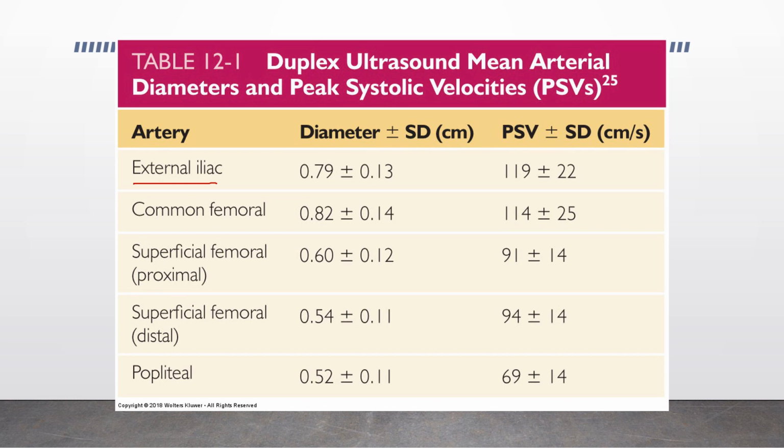Now, as I get a little bit farther in my common femoral, you're going to see that peak systolic velocity drop to 114, and then superficial femoral would be 91. Distal superficial femoral is 94, and popliteal is 69. So for any of these, we have our standard deviations, and if we go below, that might mean the patient maybe just exercised, or maybe I'm post-stenosis. If I go above, however, that would mean that I'm either within or approaching a narrower area caused by stenosis.